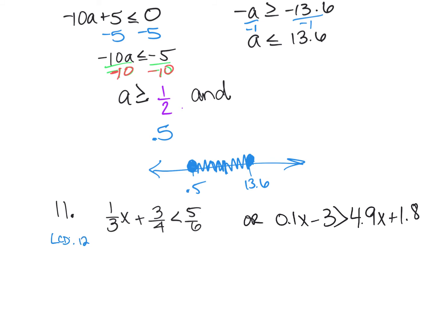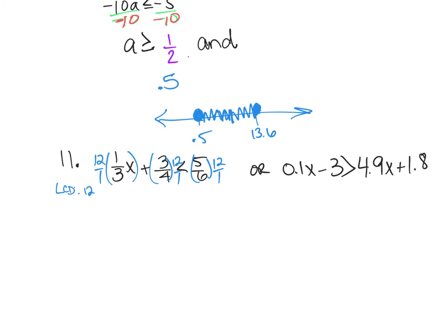To do fraction buster, I'm going to multiply each term by 12 over 1. My goal is not to get them all to have the same denominator. My goal is to eliminate the denominators. Fraction buster, getting rid of the fractions. So here, 3 goes into 12 how many times? 4.